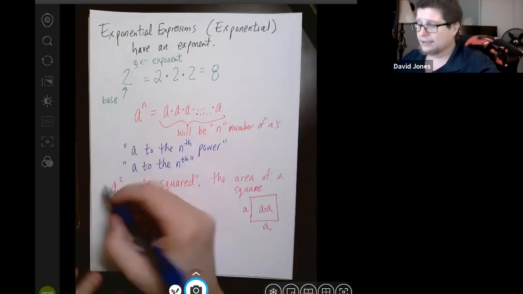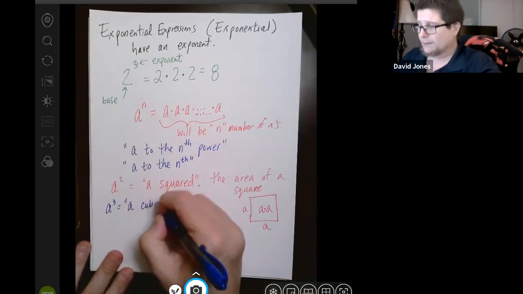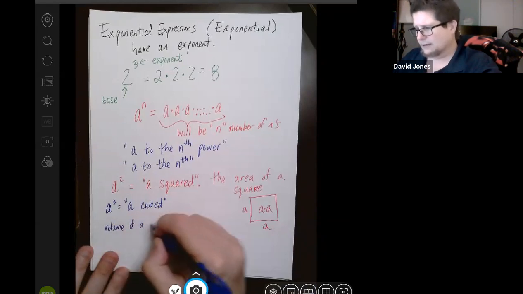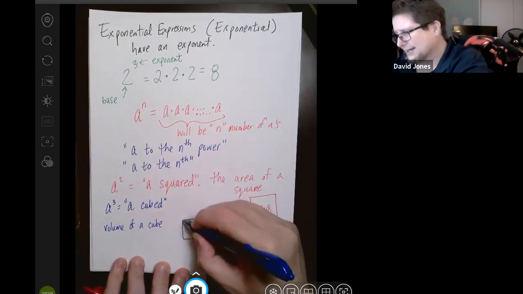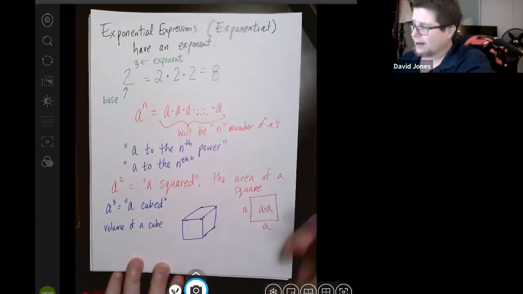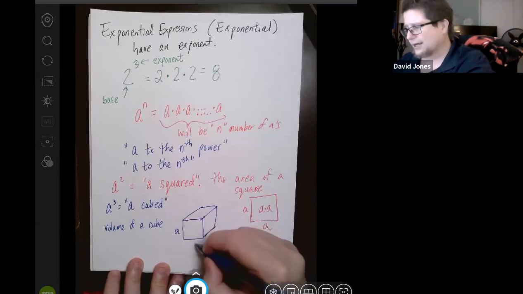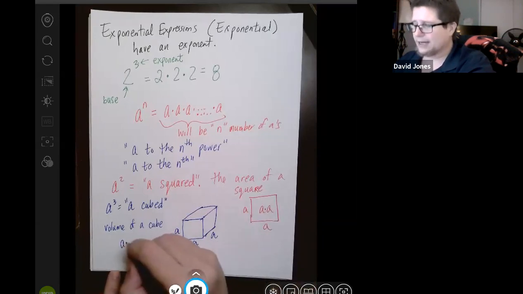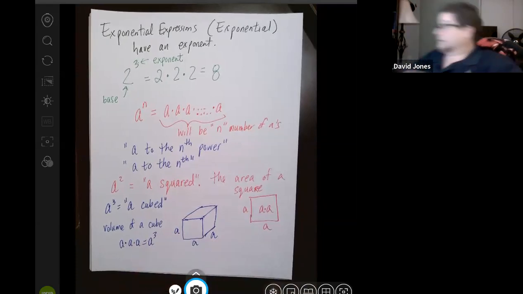Another common one is a to the third power is a cubed, because it's the volume of a cube. Cubes are like three-dimensional squares, like dice. Six-sided dice are a pretty good 3D square. They all have the same dimension or length on each side. So a high, a wide, and a deep. And the volume is a times a times a, which is a to the third power, and that's why we call it a cubed.